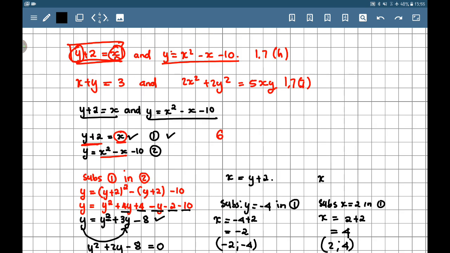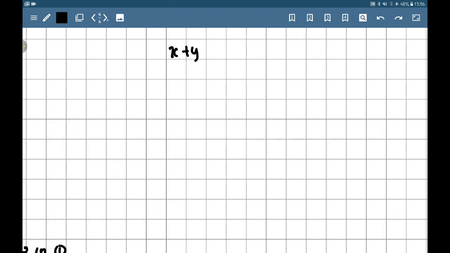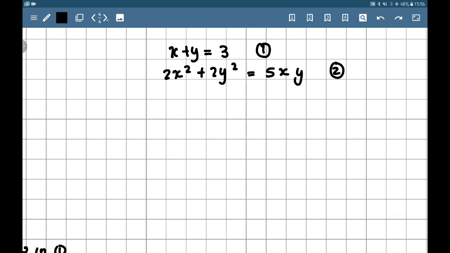The second one. Yeah. x plus y is equal to 3, and this is our equation 1. And then we have 2x squared plus 2y squared is equal to 5xy, and this is our equation 2.